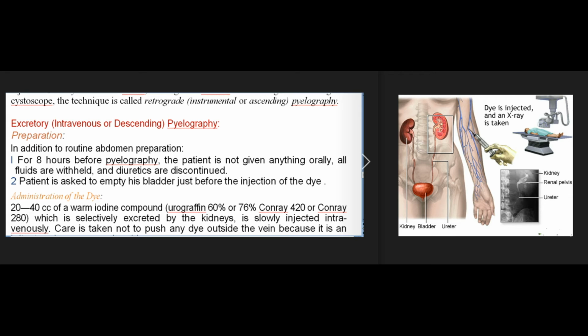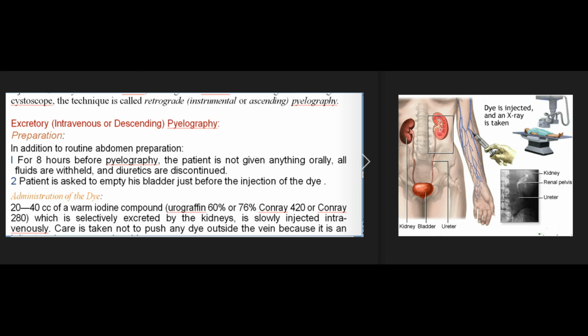Excretory, intravenous or descending, pyelography, preparation. 1. In addition to routine abdomen preparation, for 8 hours before pyelography, the patient is not given anything orally, all fluids are withheld, and diuretics are discontinued. 2. Patient is asked to empty his bladder just before the injection of the dye.